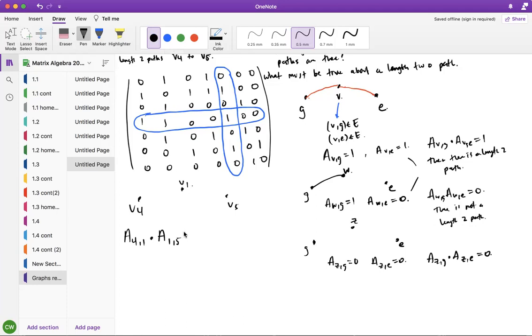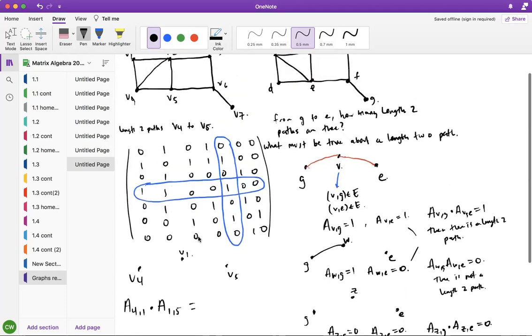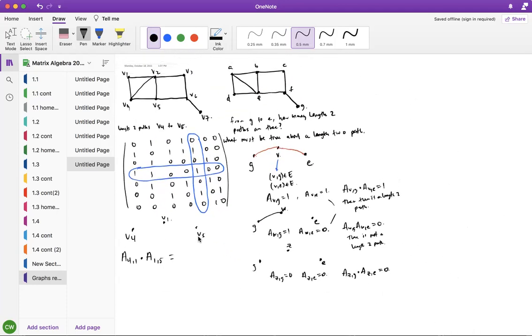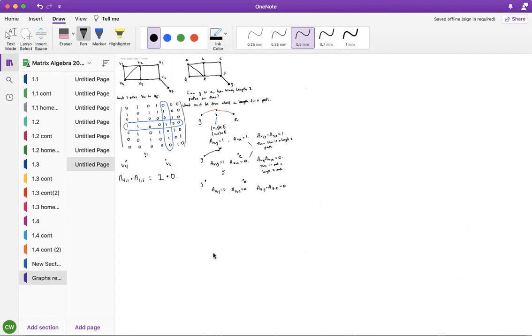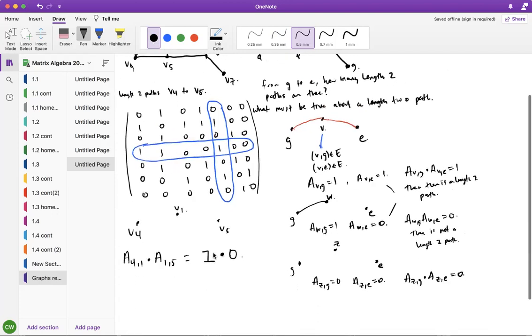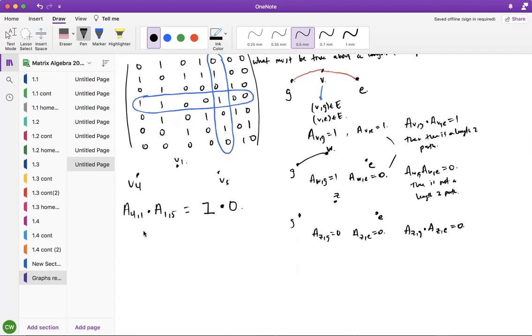In this case, 1 is connected to V4, so it's 1, but 1 is not connected to V5, so that's 0. So we'll do this for every single vertex.